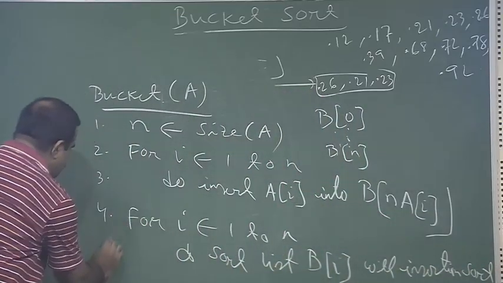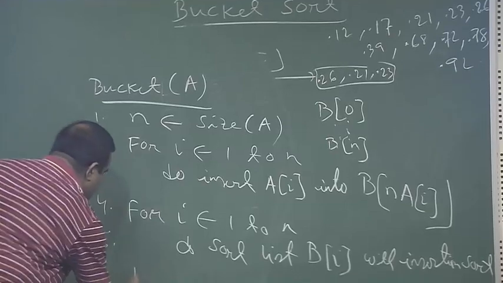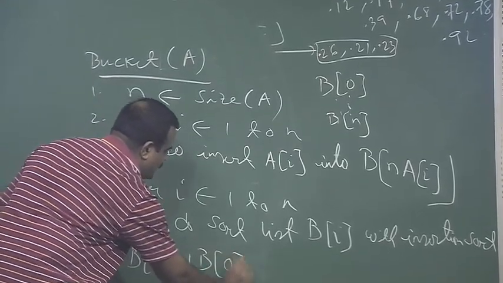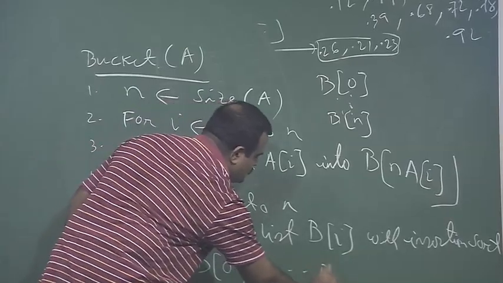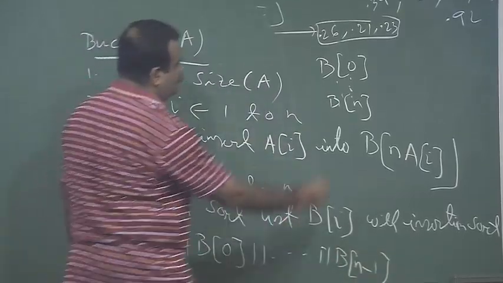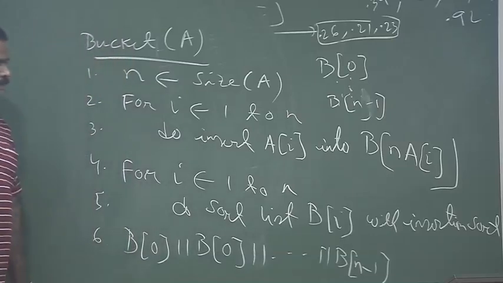And then we just concatenate the buckets, we print the buckets B 0, B 1 like this, up to B n minus 1 if we start from 0. So, this is the typical bucket sort.